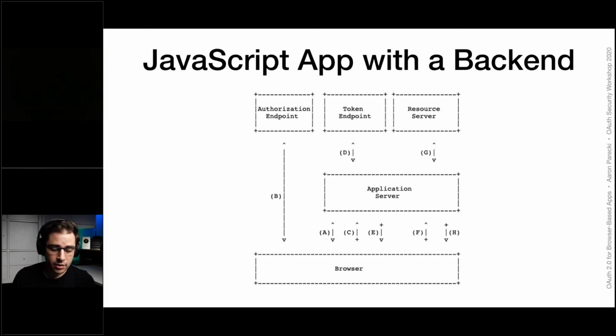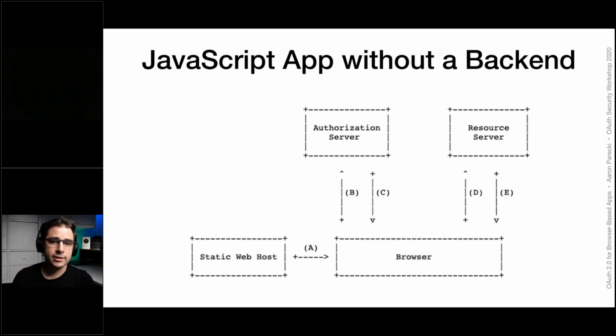So the third architecture is the JavaScript app without a backend. In this case, the JavaScript app is served from a static web host, and there is no backing application server. It's really just the JavaScript app. So the code is loaded from that static web host. The JavaScript app is the OAuth client, so it has to be a public client in that case, and there is no client secret.